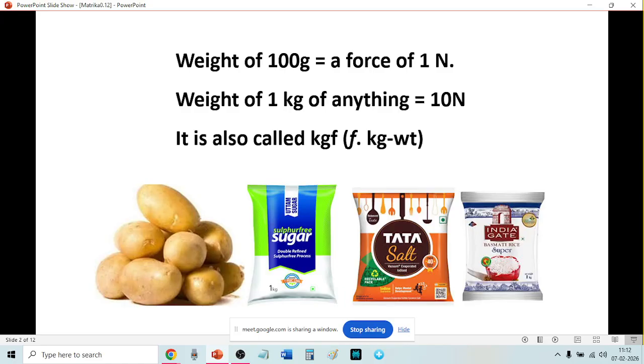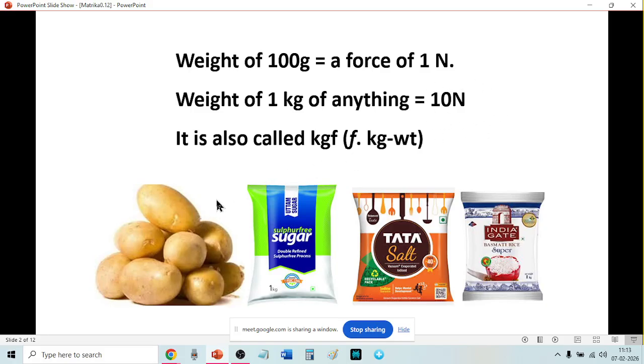So the weight of 100 grams is equal to a force of 1 Newton. Weight is a force. If you take 1 kg of anything, 1 kg potato, 1 kg sugar, 1 kg salt, then the weight would be equal to 10 newtons.